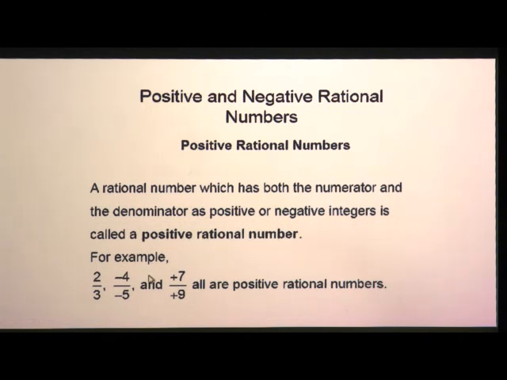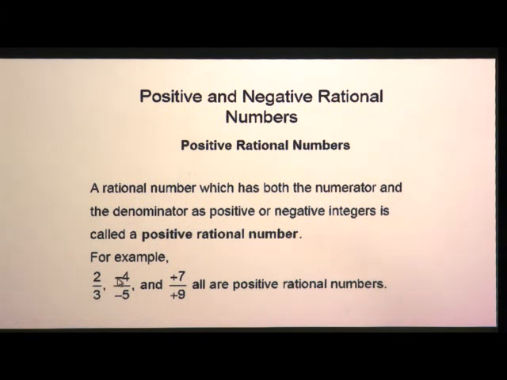Again I will repeat, a rational number which has both the numerator and the denominator as positive or negative integers is called a positive rational number. For example, 2 upon 3, you know it is a positive rational number, both numerator as well as denominator are plus.